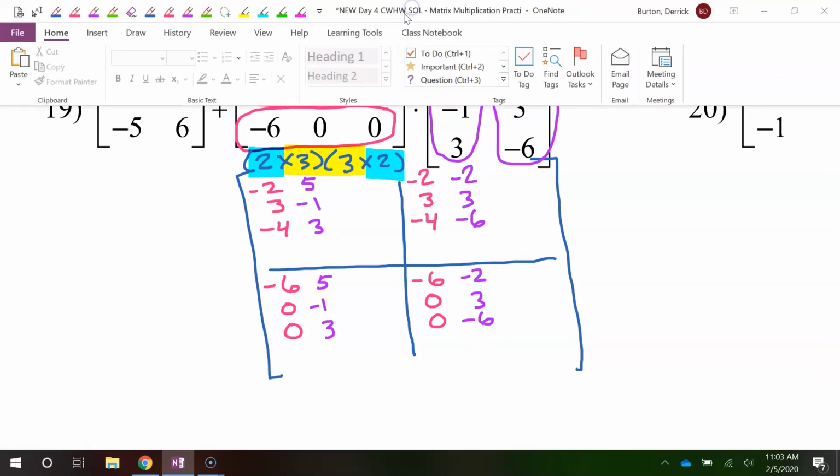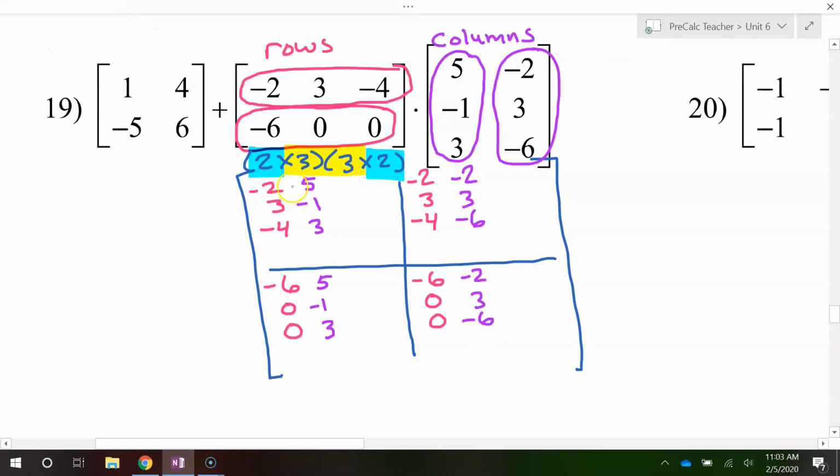So now it's time to multiply each of these pairs. So for example, -2 times 5 is -10. 3 times -1 is -3, etc.